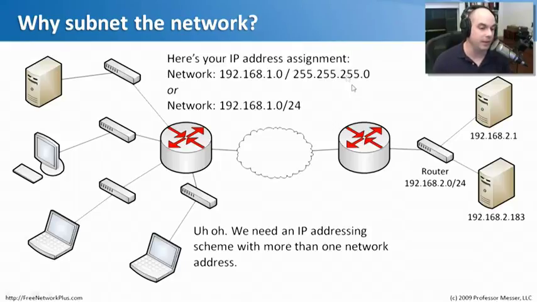Those are exactly the same thing, as you recall from our previous video, but they may just give it to you in an email and say, here's your network number. The problem is that we have one network, two networks, three networks, four networks here, and they've given us one IP address with one subnet mask. That's a problem because we need an IP addressing scheme that allows us to use more than one network address. We're going to have to take what they've given us and split it up into smaller pieces. We're going to have to subnet our network.